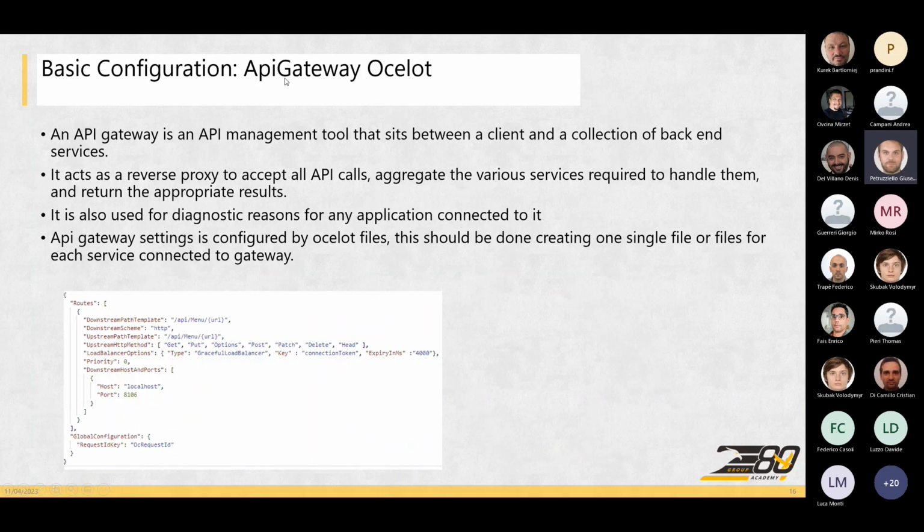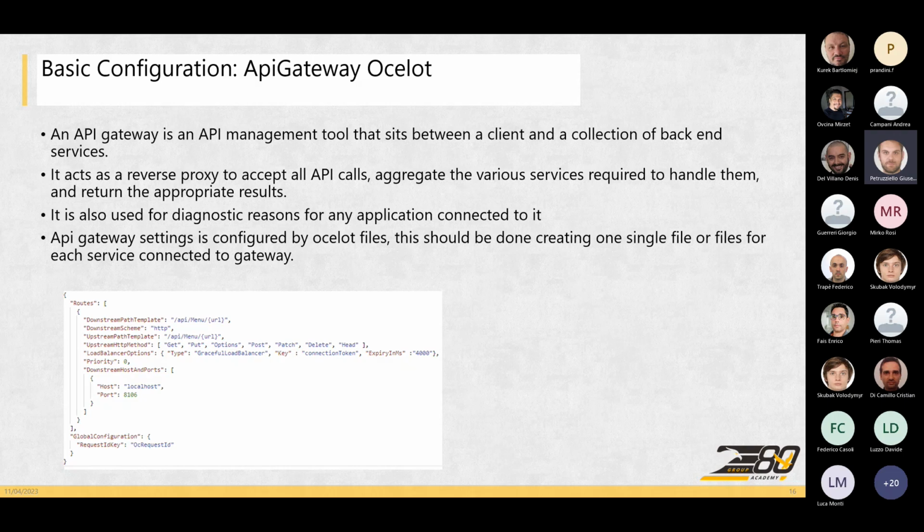Just some words about the API gateway, Ocelot. That is an important component. The scope is to centralize the requests to the BFF service and distribute the requests to the proper site. So like Nginx, it acts as a reverse proxy. But while Nginx acts at the machine level, we can say that the API gateway acts at the application level.